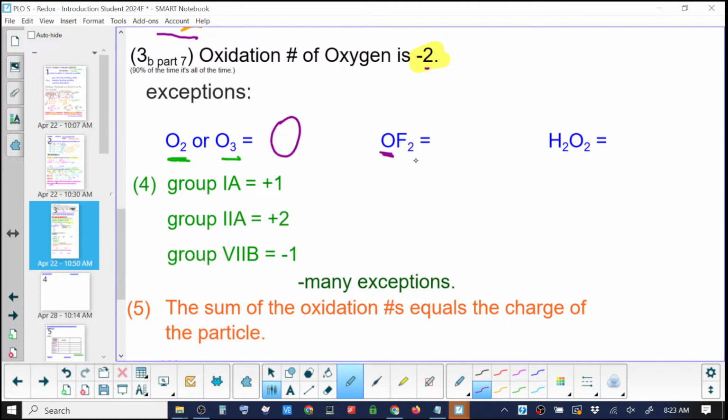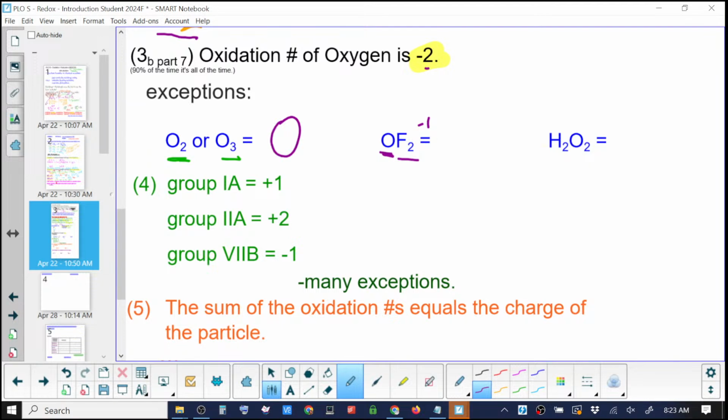So, knowing what fluorine is, what would oxygen be? I thought 4 because it has the 2 there, but I don't know. What's each fluorine? Minus 1. And we have 2 of them. So what would oxygen be? Minus 2? No, plus 1? Right. Plus 2.